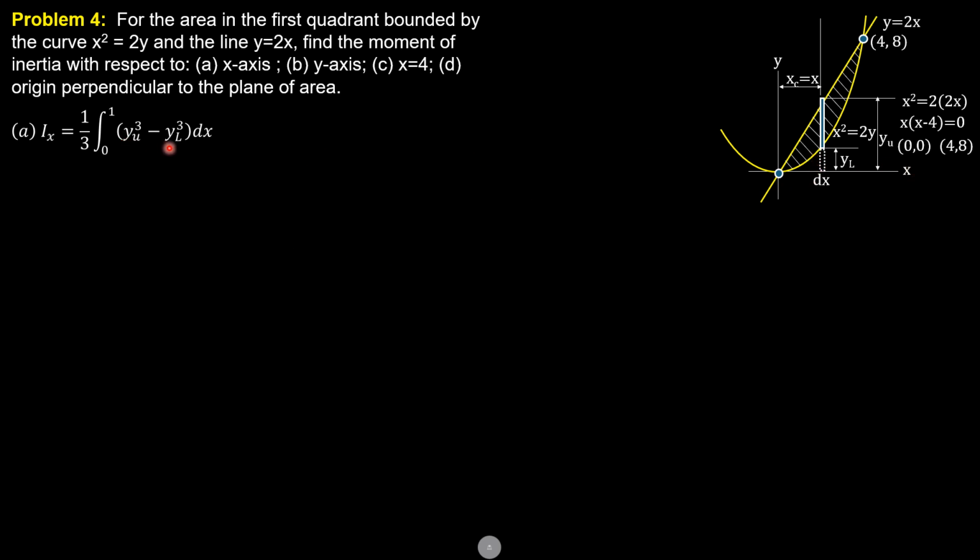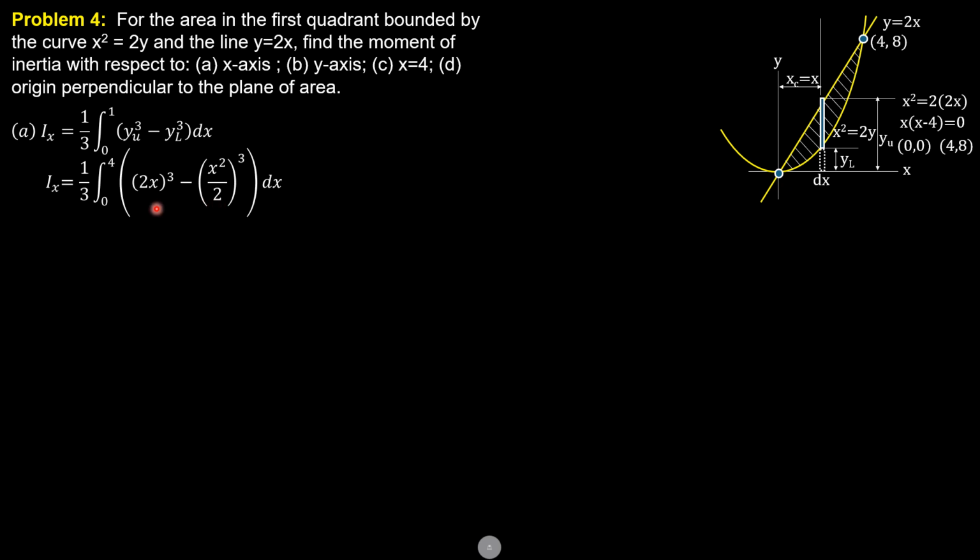So replacing, the variable of integration is x, so upper y is 2x, quantity cubed, then lower y is x squared over 2, quantity cubed, dx. You can use your high-tech calculator to evaluate that integral. I'll just present a method by manual integration using the power formula.